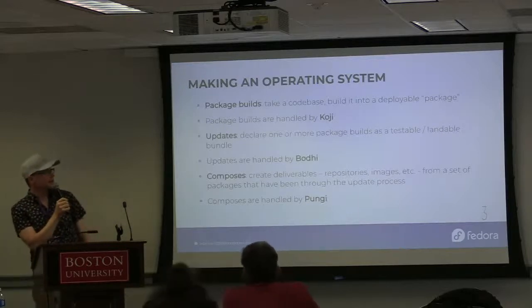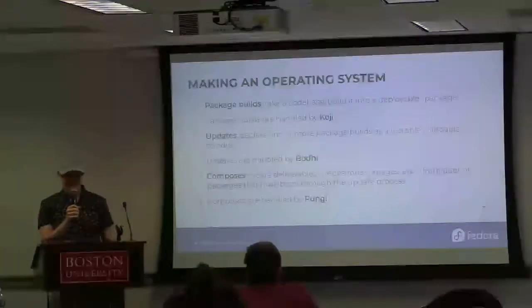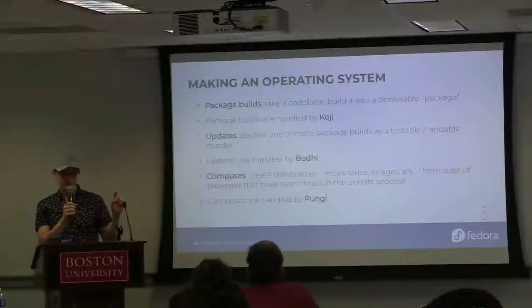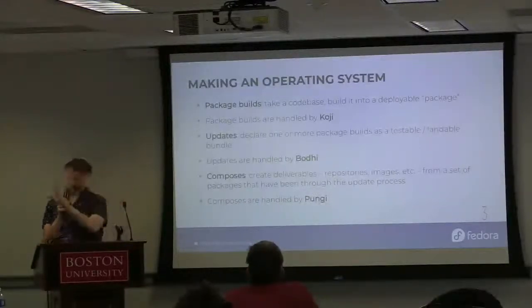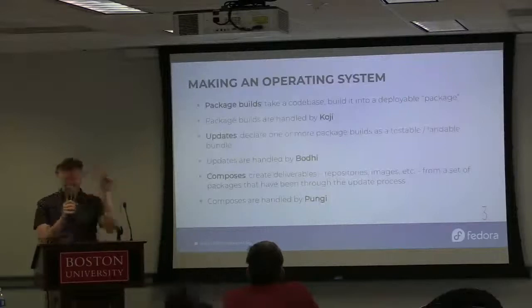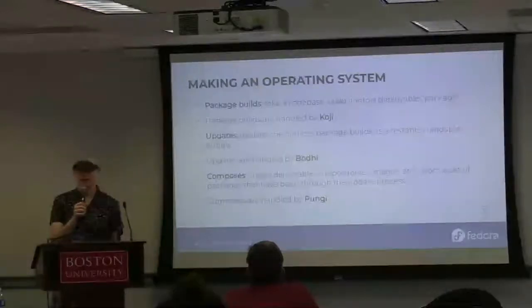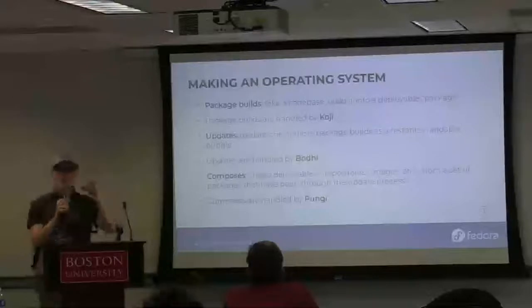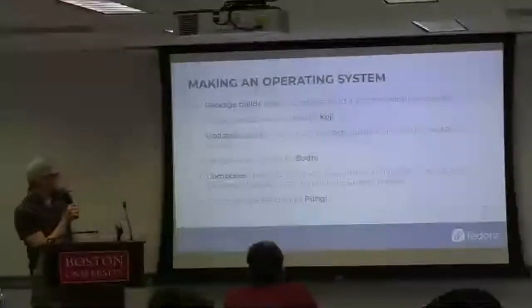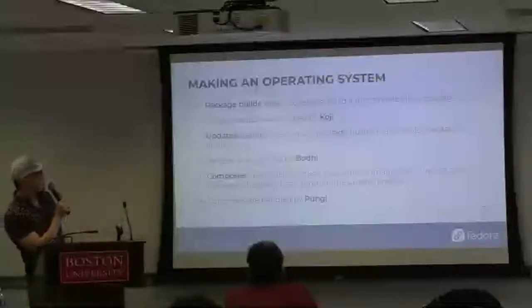Then there are updates, which is where you bundle the units that should work together, because one package build on its own may not be useful, and the update should work properly as a whole. Those are handled by a system called Bodhi.